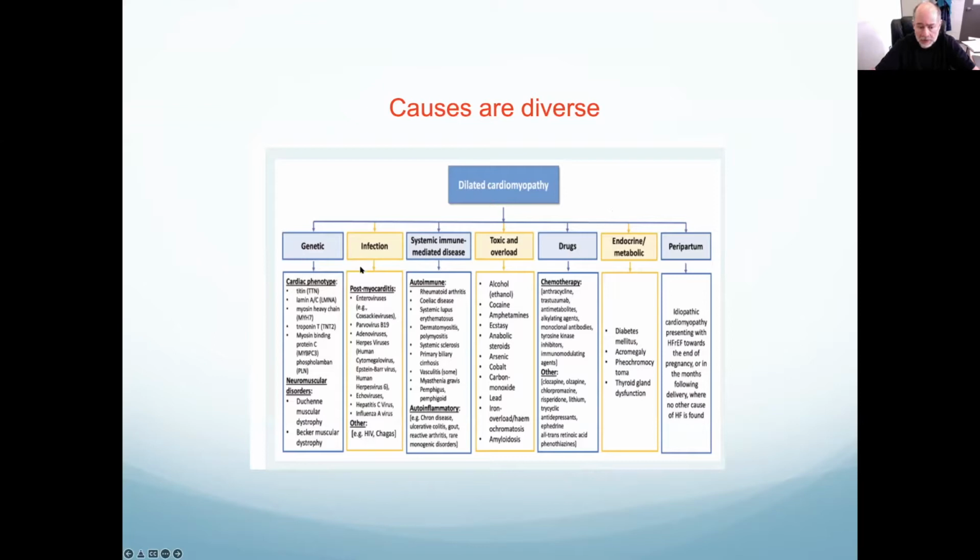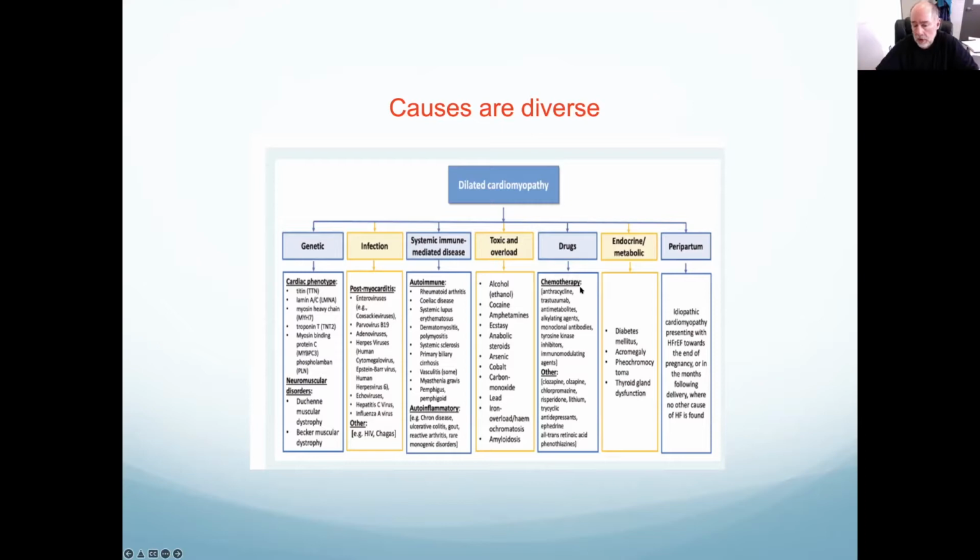But there's also a lot of evidence that certain viruses, and it probably includes COVID-19, can drive cardiomyopathies. There's certainly some role for systemic immune-mediated disease. There's an autoimmune component to some of this. There are exposures in our environment which may lead to the development of cardiomyopathy.